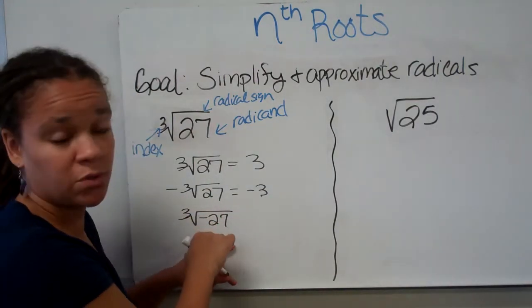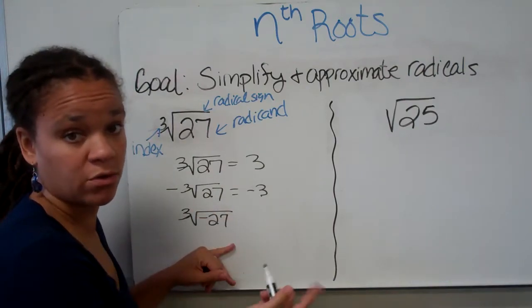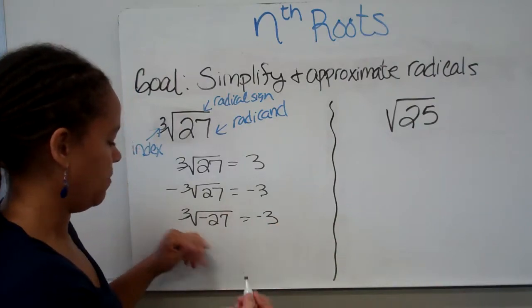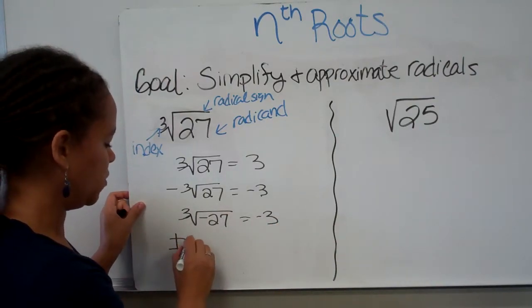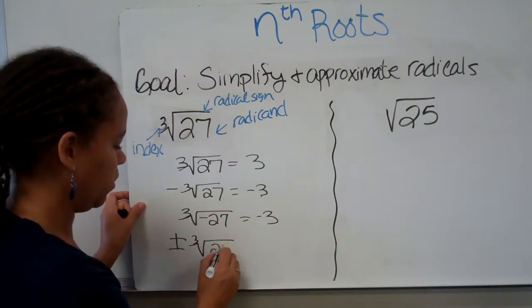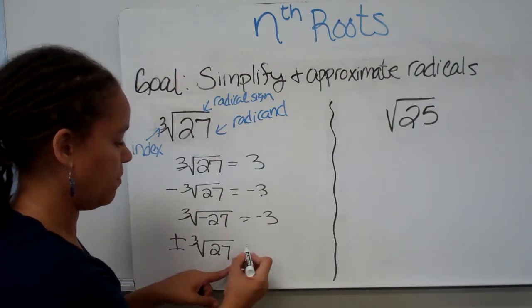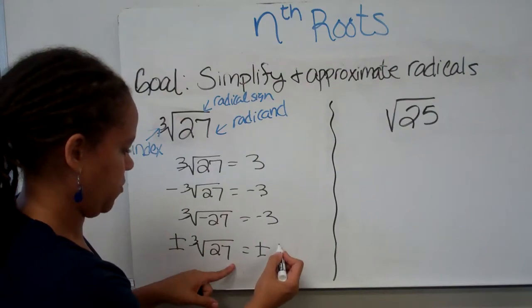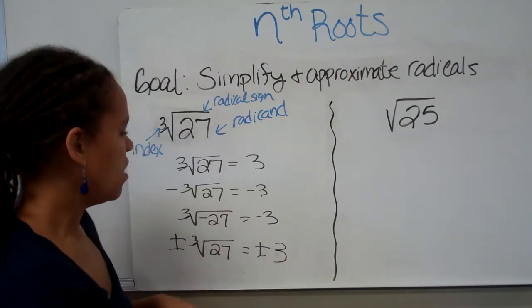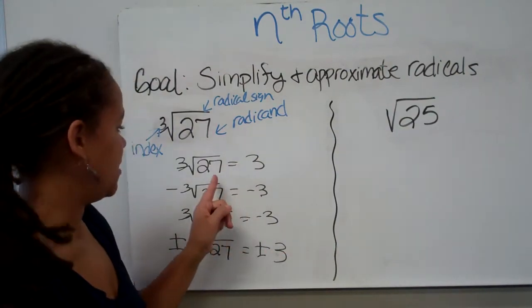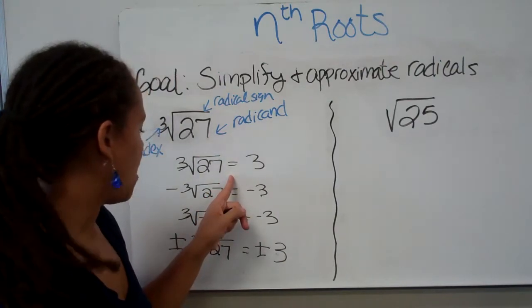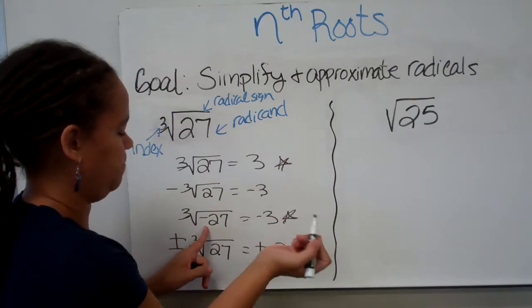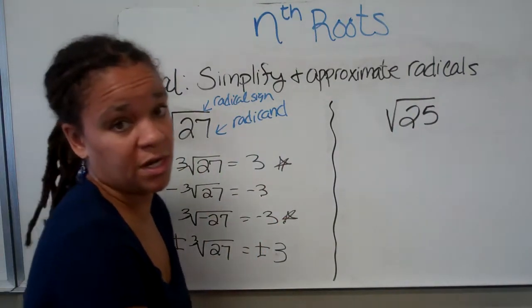Since it's a cube root, you can have a negative inside of the radical without an imaginary number, so this would be negative 3 as well. And you may also see plus or minus cube root of 27. That would be plus or minus 3. Most often with cubes, you're going to see the principal cube root. These are the two you would see the most often: the cube root of 27, and the cube root of negative 27.